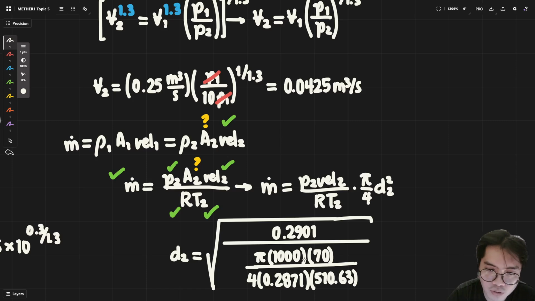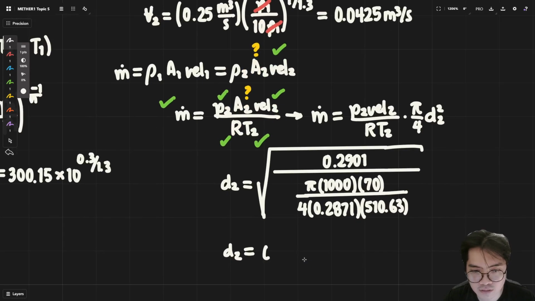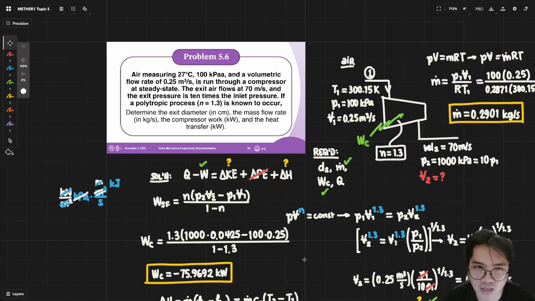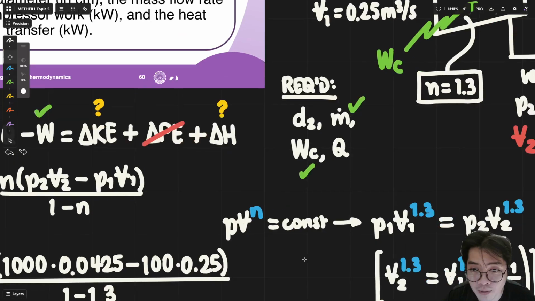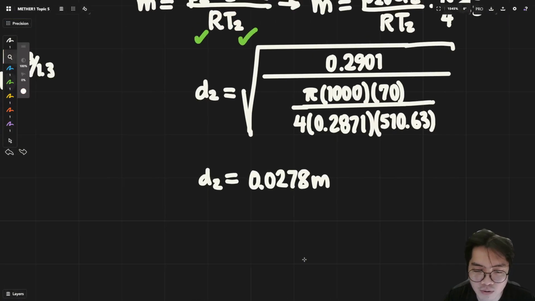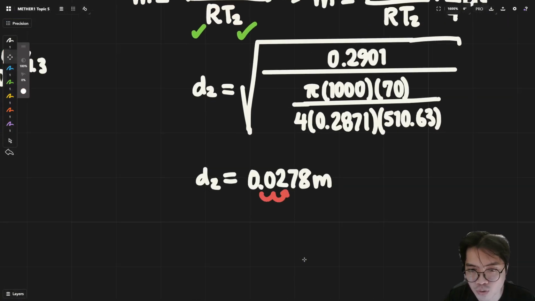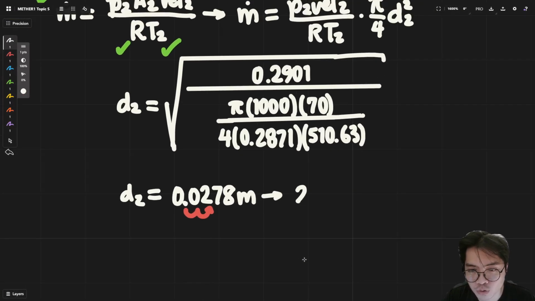We will get an answer of 0.0278 meters. You might say to yourself, okay, that's quite small. But the thing is, the exit diameter should be in cm. So we slide our decimal place 1, 2. That should be equal to 2.78 cm.